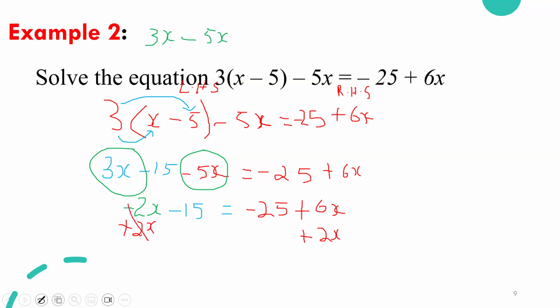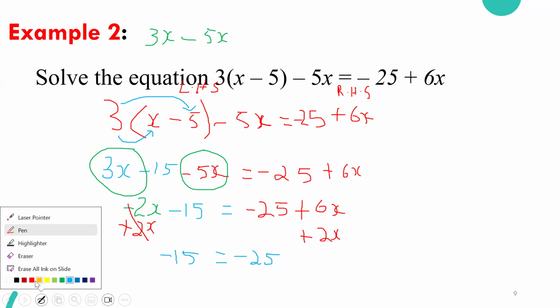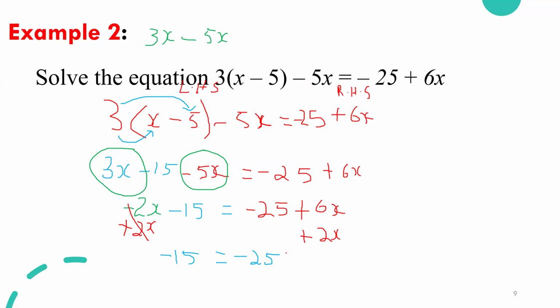This is 0. On my left, I have negative 15 equals negative 25 plus 6x plus 2x, which is equal to 8x. If you notice now, I have just variable on one side.